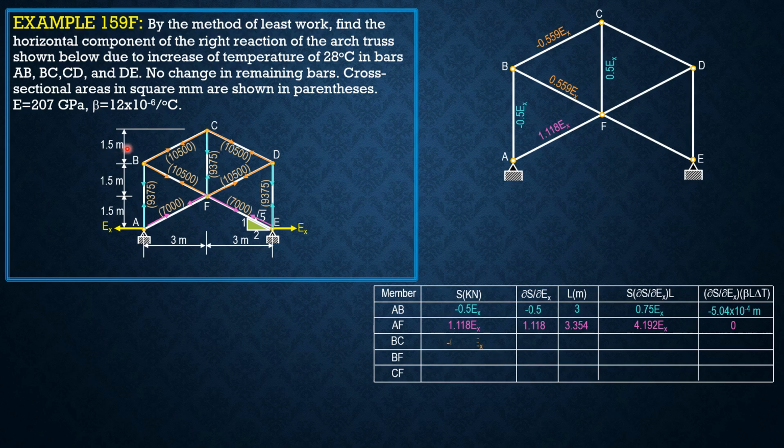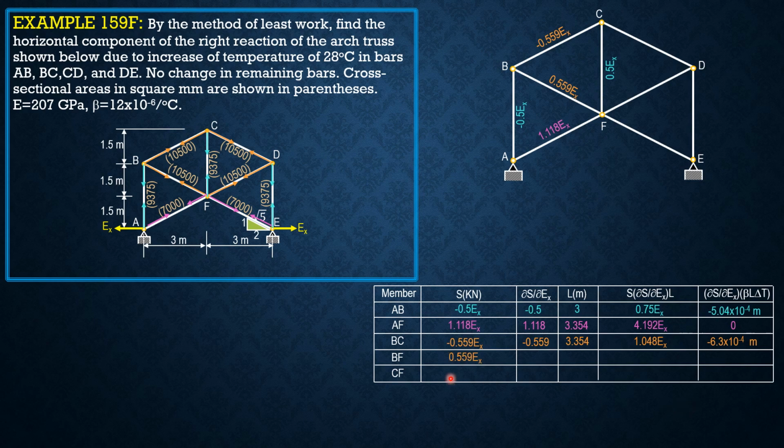BC, it's negative 0.559 EX, partial derivative negative 0.559, the length is 3.354, and the product here is partial of S with respect to EX times length, 1.048 EX. Then BC is involved in temperature, so negative 0.559 times beta times length times delta T, it will give us negative 6.3 times 10 to the negative 4.